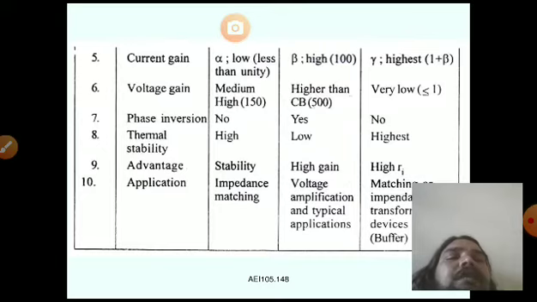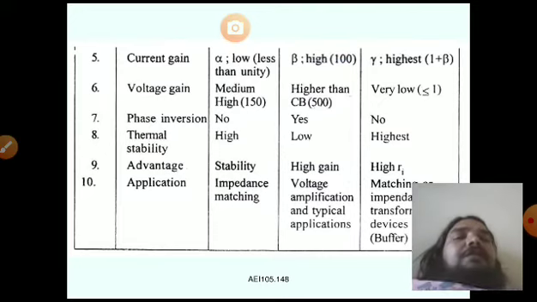Voltage gain in common emitter configuration is higher than common base, that is 500. Voltage gain in common collector configuration is very low, less than or equal to 1.